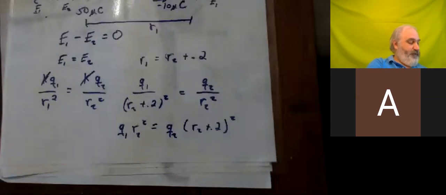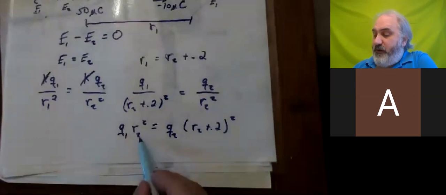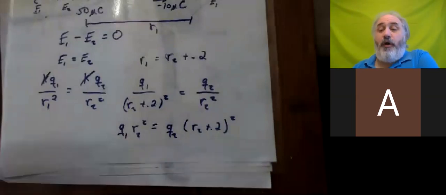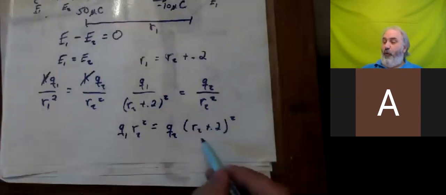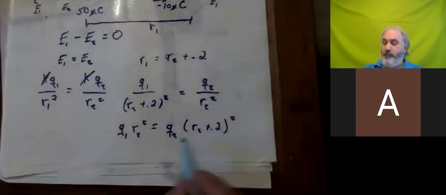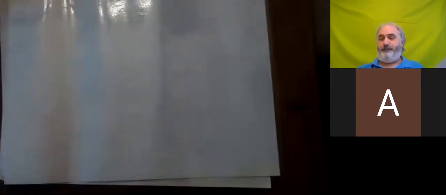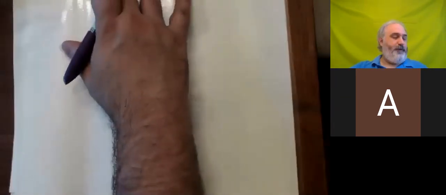Yes. Right. So now I've got R2s over here and R2s over here. What I need to do now is get all the R2s together. Let's FOIL this out, distribute that Q2 through it, and then get all my like terms collected. Okay. Right.